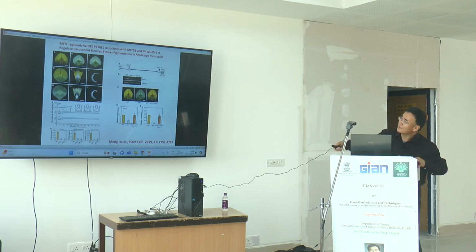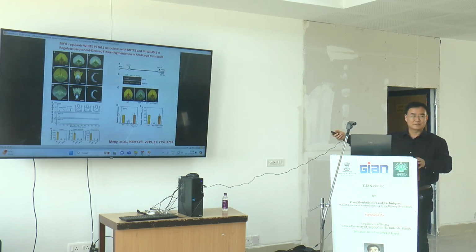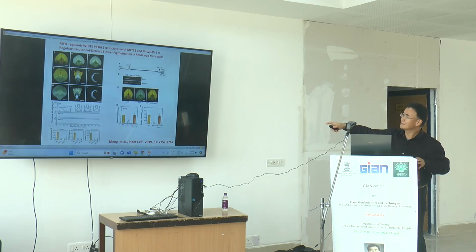Yeah, this is one publication shown some years ago, 2019, just before COVID-19. They published a paper identifying an R2R3 MYB transcription factor that interacts with TT8 and the WD40 protein TTG1 to control carotenoid biosynthesis.